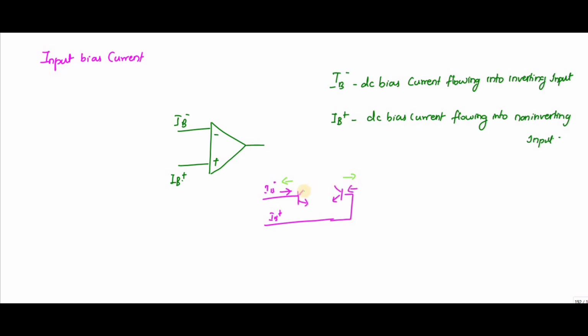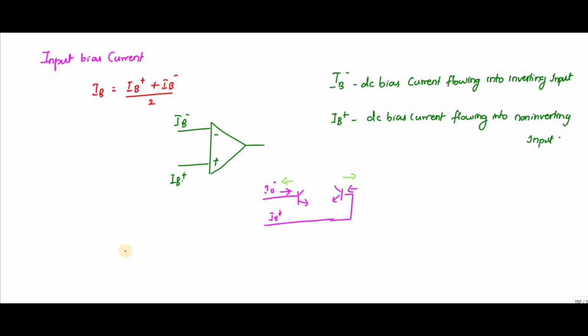But this value gets varied. Since it is a differential amplifier, the two transistors must be identical. So if there is any change in the transistor values, IB minus and IB plus will change. So I can define the input bias current IB as IB equal to (IB plus + IB minus) divided by 2.